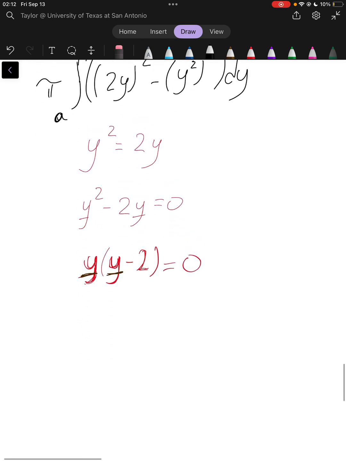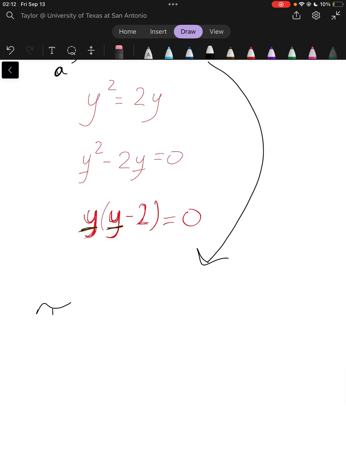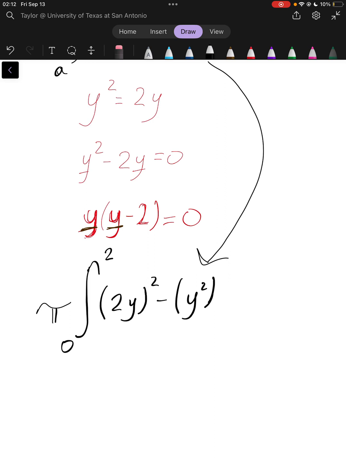So our bounds, I'm going to pull this down here: pi, integral from 0 to 2 of (2y) squared minus y squared dy.